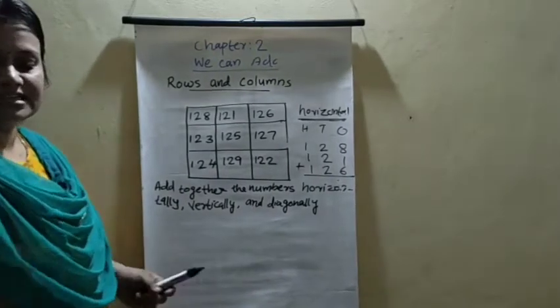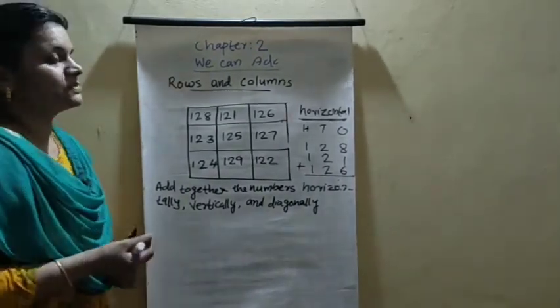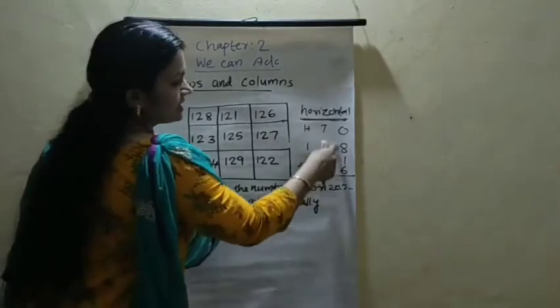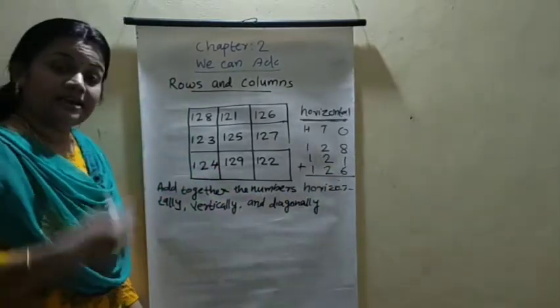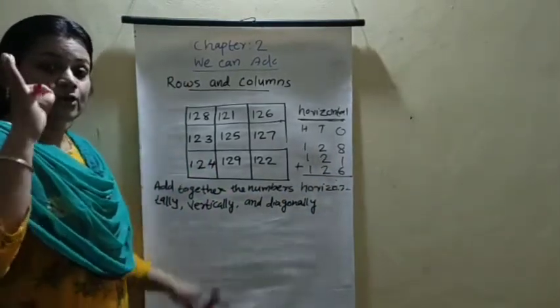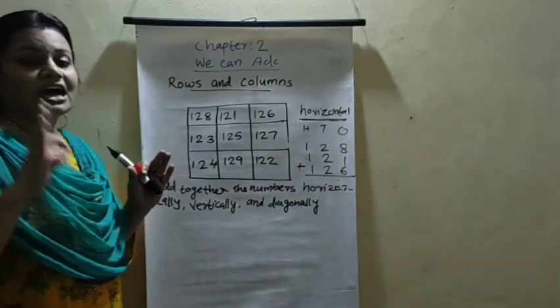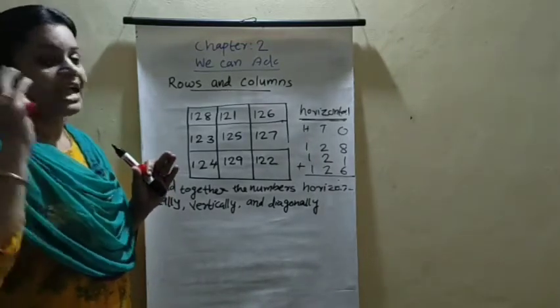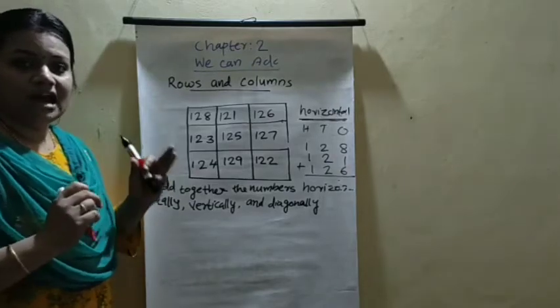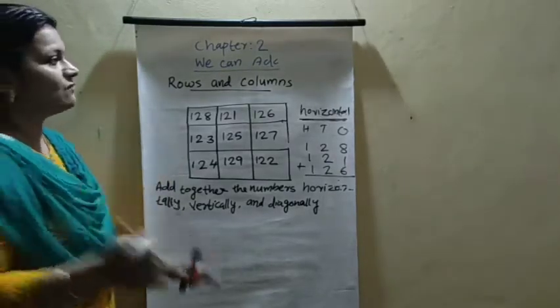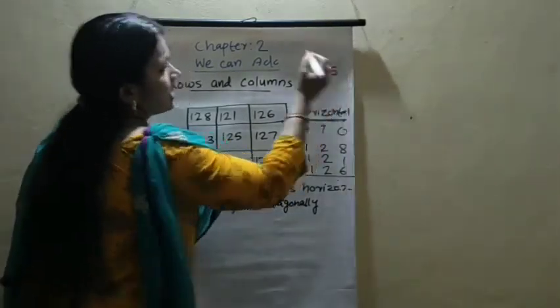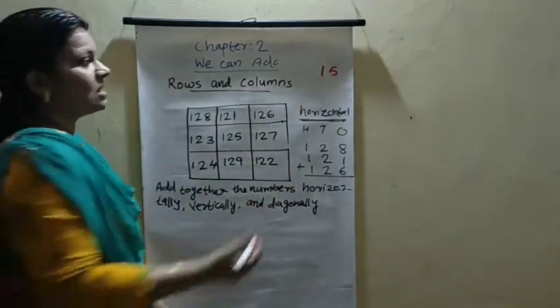6 plus 1, what is 6 plus 1? 7. 7 plus 8, what? Take your 8 fingers in your hand, count after 7: 8, 9, 10, 11, 12, 13, 14, 15. The answer is 15.